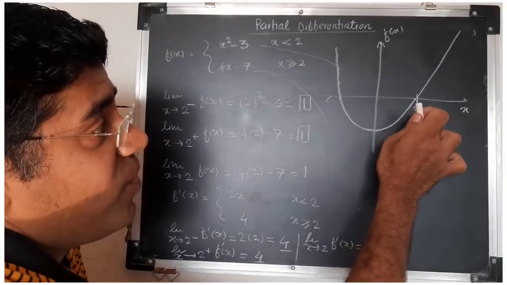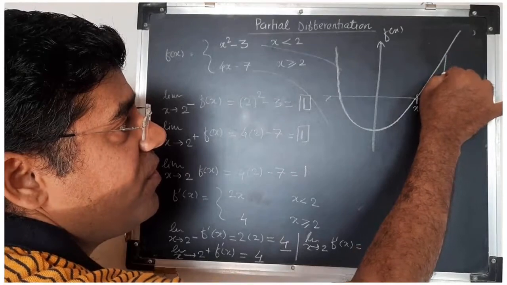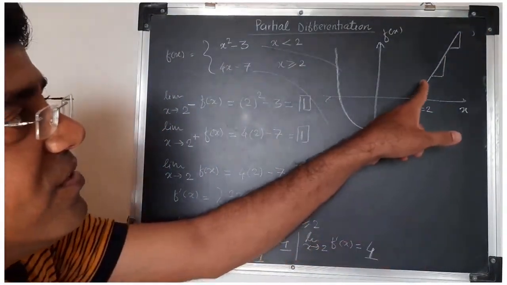Now at the point x equal to 2, if you want to plot the slope of this line, see, this is a straight line.